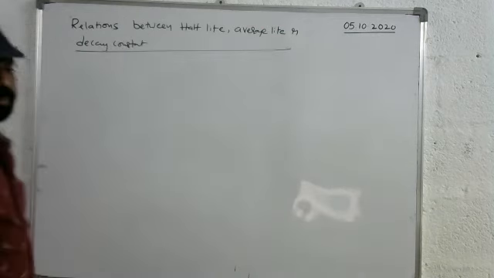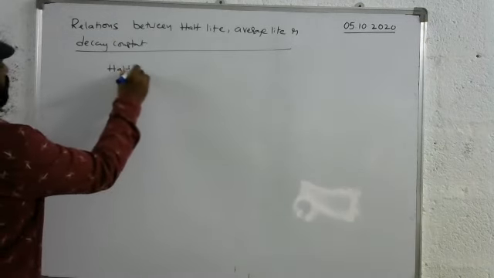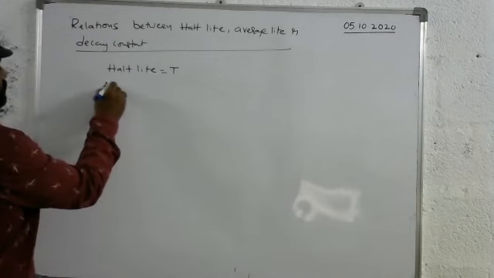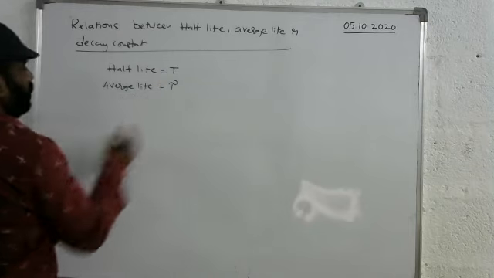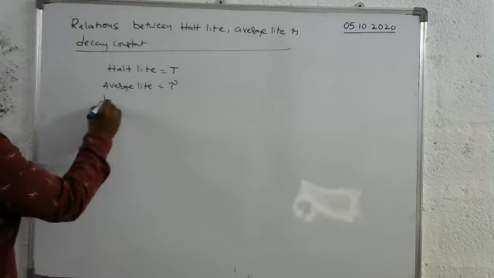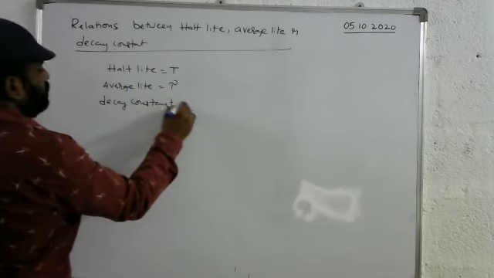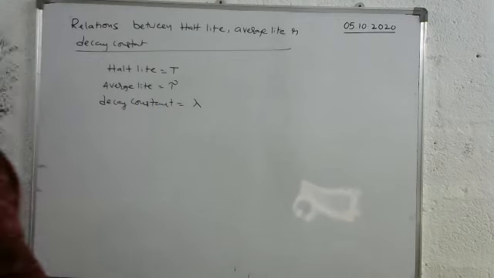Look here. Half-life is represented by capital T, average life is represented by tau, and decay constant is represented by the letter lambda.